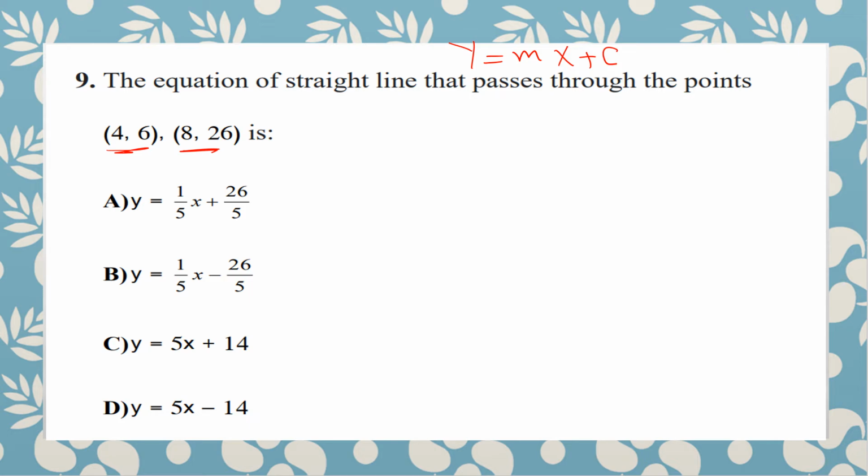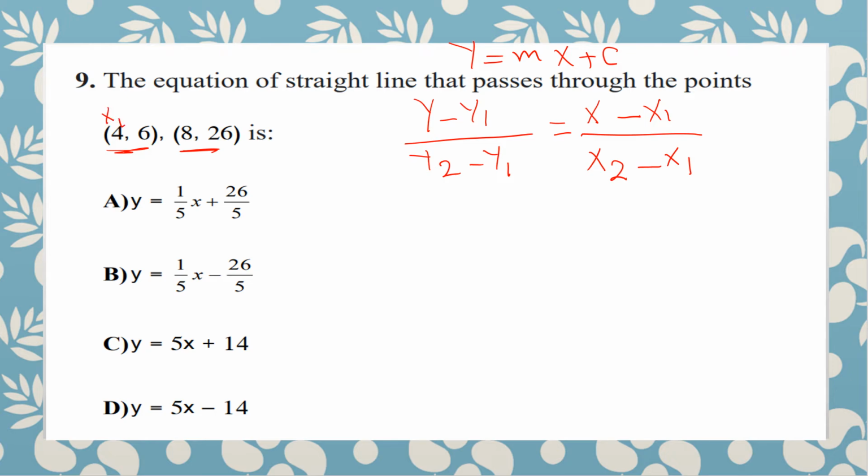In this question, he's giving you two points. So you can find the equation using the formula (y minus y1) over (y2 minus y1) equals (x minus x1) over (x2 minus x1). This is x1 and y1, and this is x2 and y2.